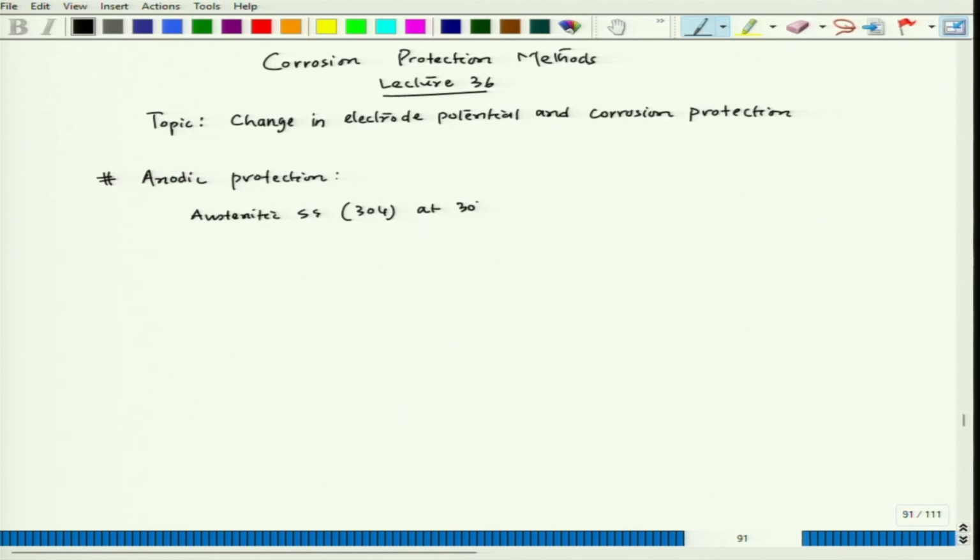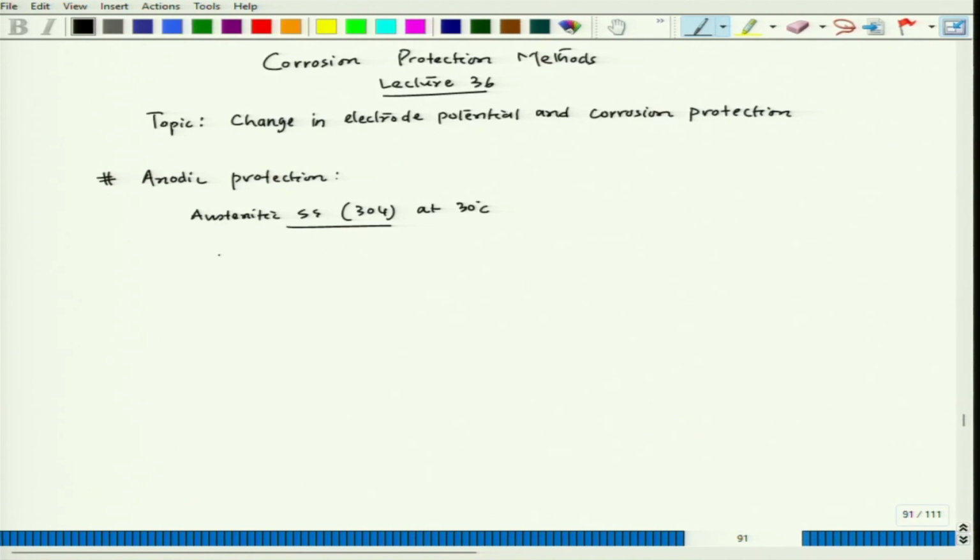I am taking some data from the book Corrosion Engineering by Fontana and Greene. Fine. So, it says that we can have a sense of what could be the corrosion rate that we can experience when it is unprotected and when it is protected. Okay. So, that gives us some idea.